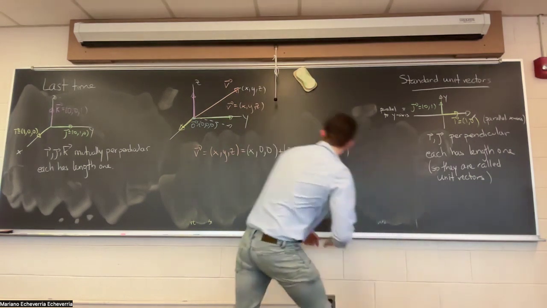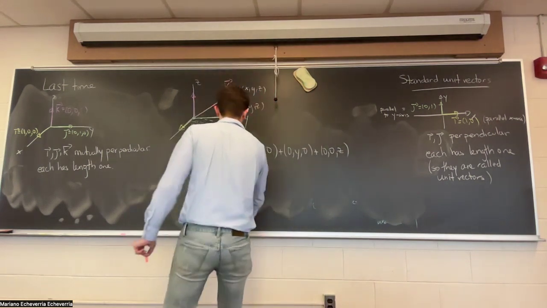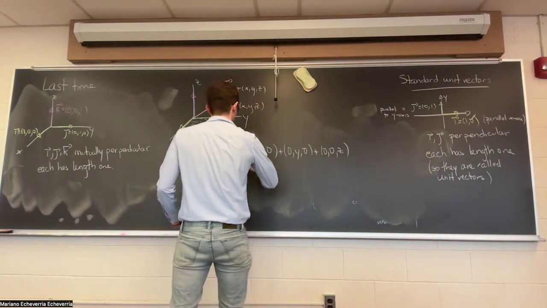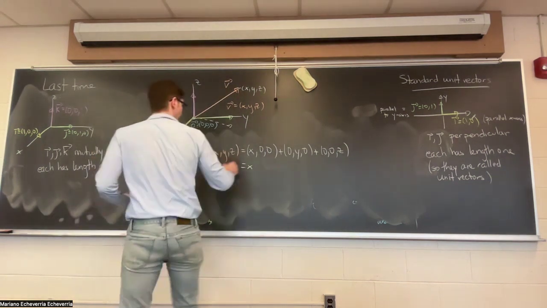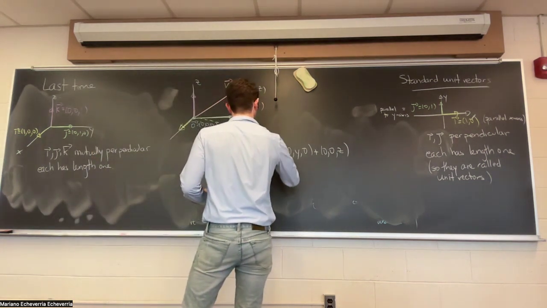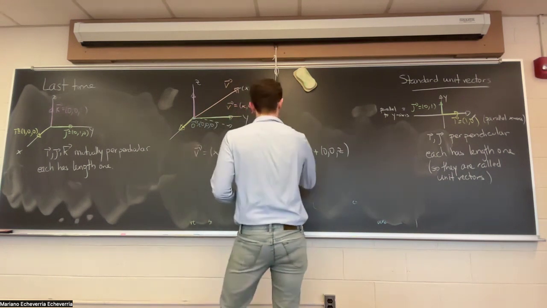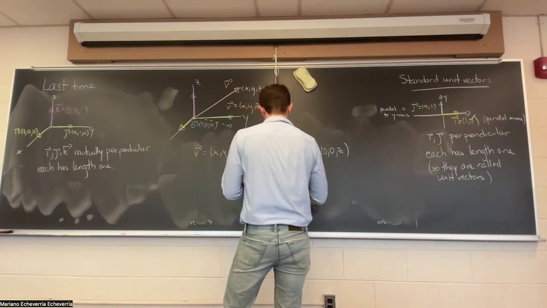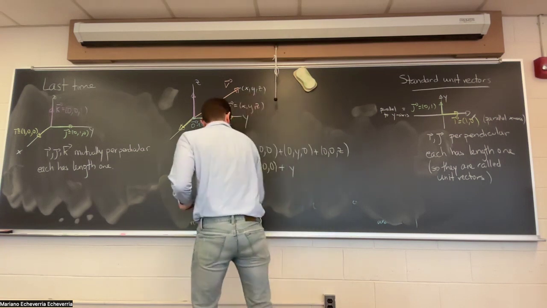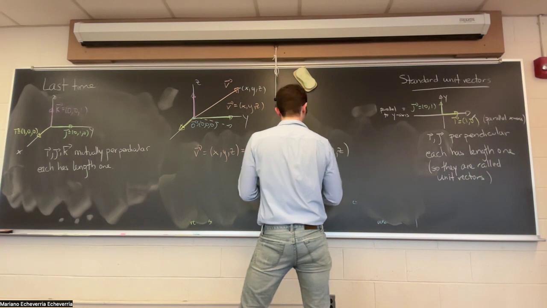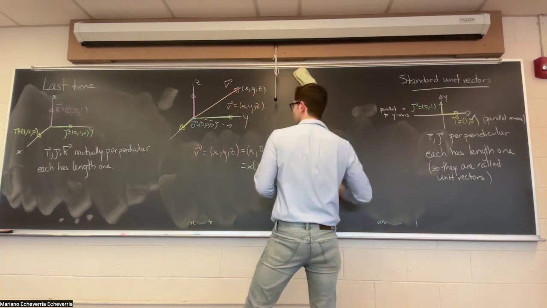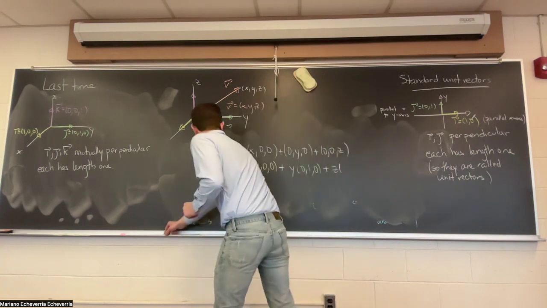So actually, what this ends up boiling down to is x times (1, 0, 0) plus y times (0, 1, 0) plus z times (0, 0, 1).